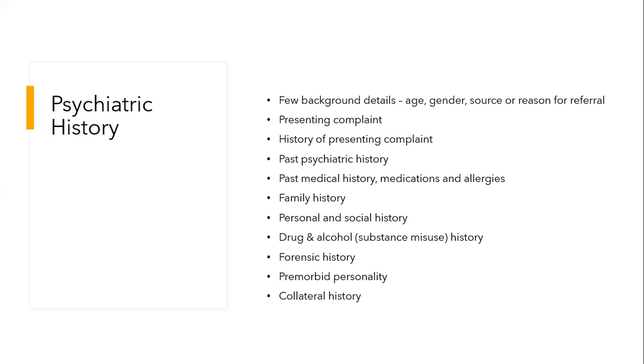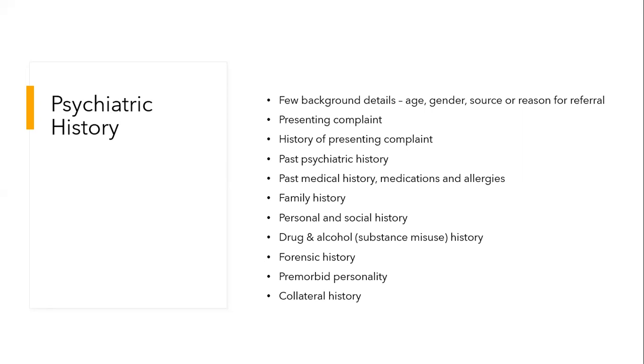So when I'm doing a psychiatric assessment, I'll start off by thinking about a few background details. If I'm working in the police custody setting, let's say a sergeant has referred someone to me, a 35-year-old male who's expressed some suicidal thoughts.